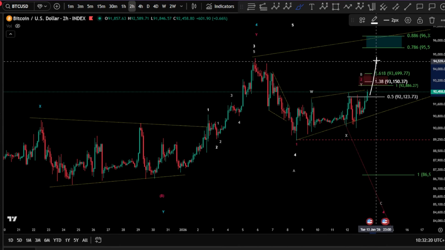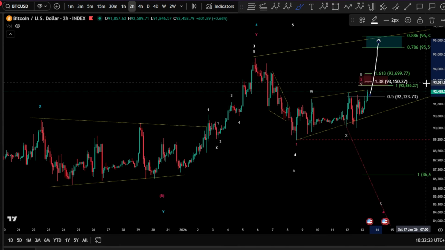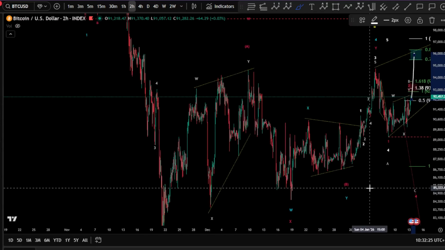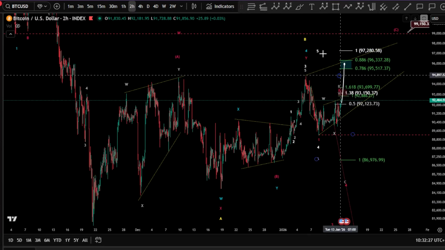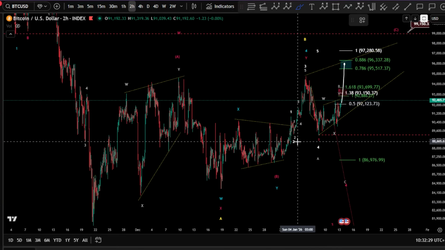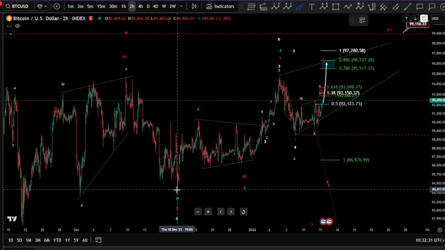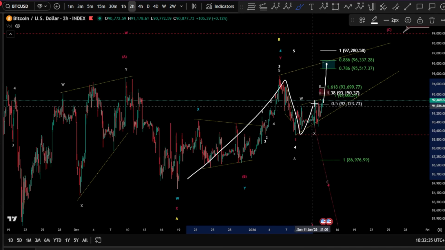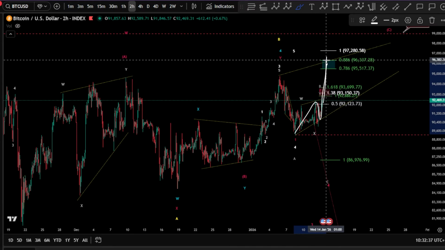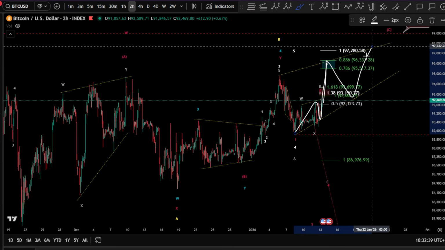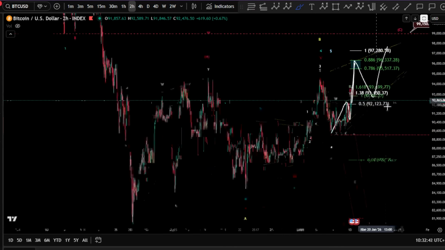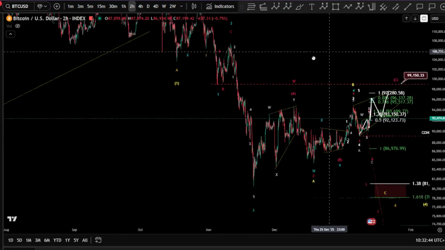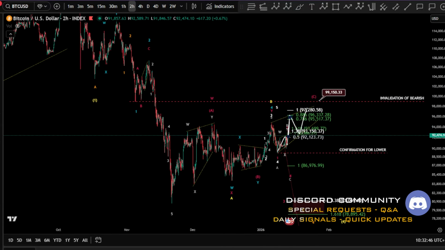But in case if broken, and we reach higher here, that is a signal that we are looking at something bullish on the lower time frame, meaning a zigzag wave 1 here. You finished wave 1, wave 2, another zigzag ABC, wave 3, and then wave 4, wave 5, to reach the wave C, which might be around the 99K.